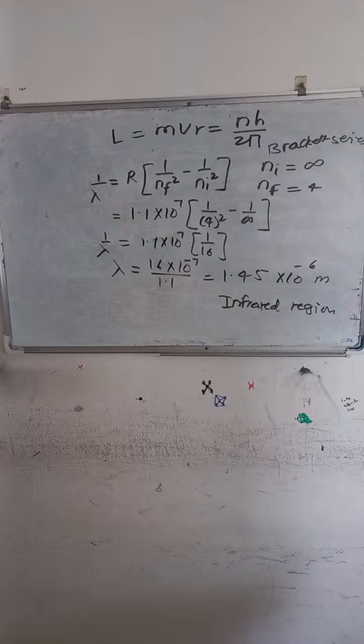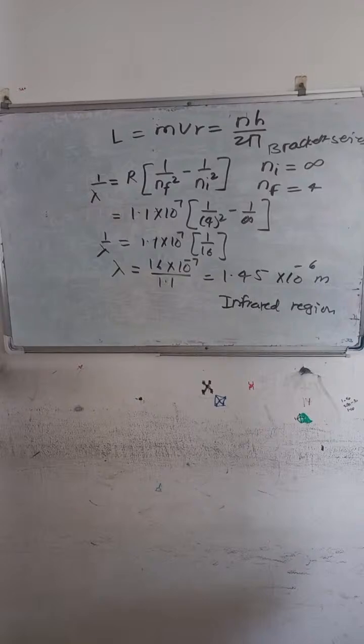Either you can use the formula 1 by lambda is equal to R, 1 upon nf square minus 1 upon ni square, or you can go for energy, E is equal to minus 13.6 by n square. Check once. Here we have two methods; you can use any one.